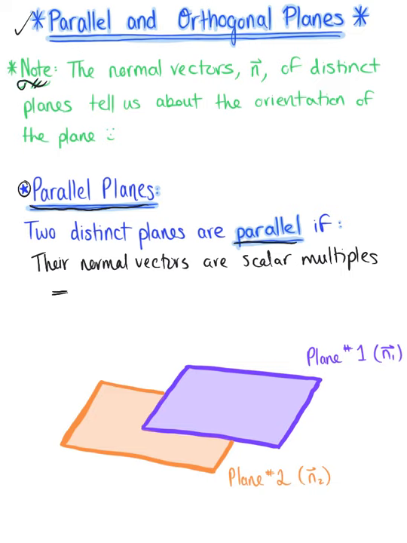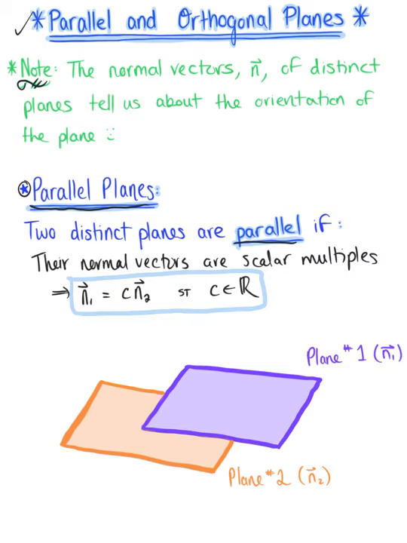In other words, if we have one normal vector, the normal vector of our first plane, and that is a scalar multiple of the normal vector of the second plane, then those planes are parallel. And that's, of course, where c is our scalar multiple. So this is what we're going to use to test if two planes are parallel.